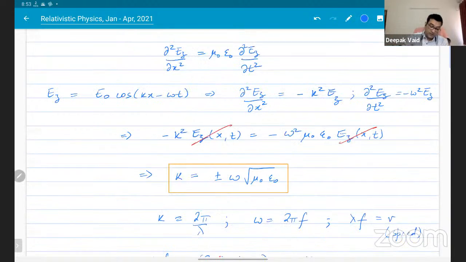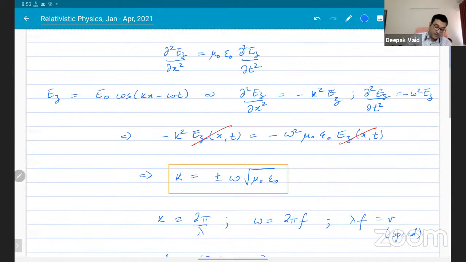But now this presents a paradox, because these equations tell you that the wave exists in the first place because there is some time dependence, there is some oscillation in the magnitude of this electric field.